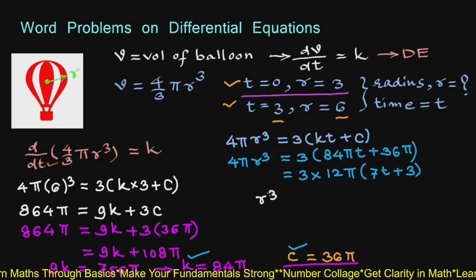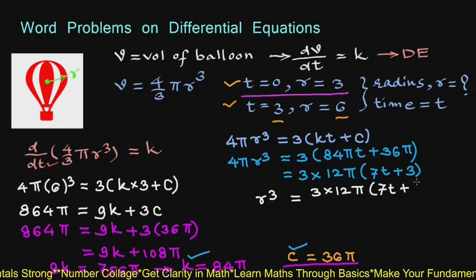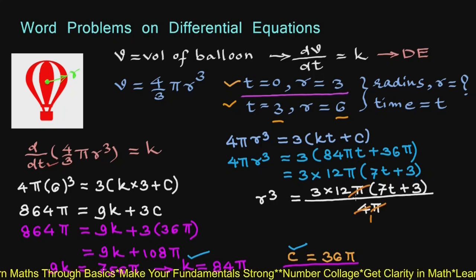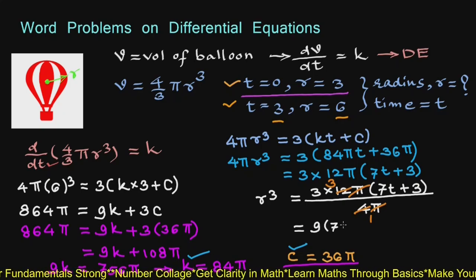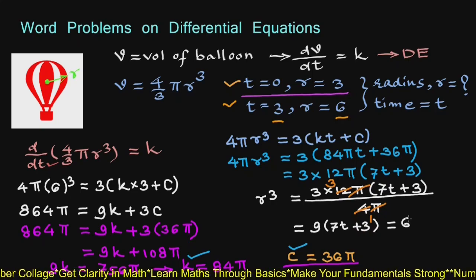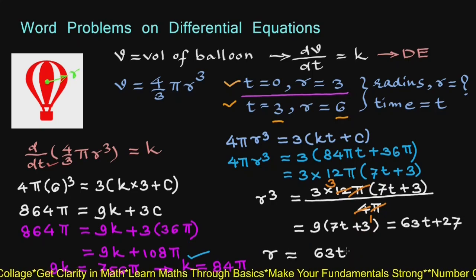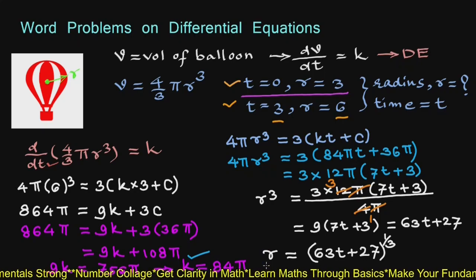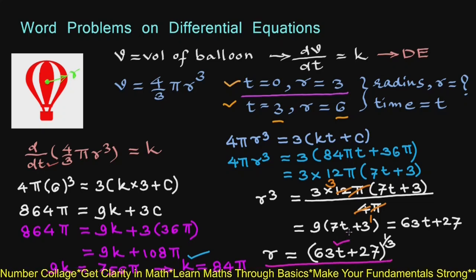So r cube will be 3 multiplied by 12 pi into (7t plus 3) upon 4 pi. Cancelling pi, 4 ones are 4, 3 threes are 9, so it equals 9 into (7t plus 3), that is 63t plus 27. So r will be (63t plus 27) to the power 1/3, and this will be the radius of the balloon after t seconds.